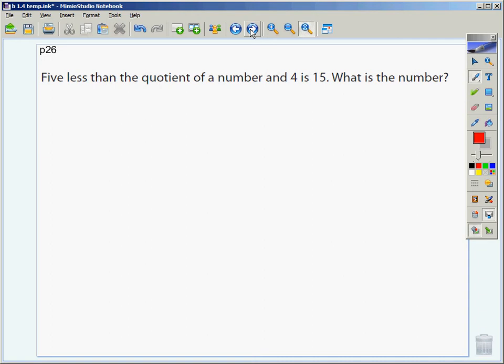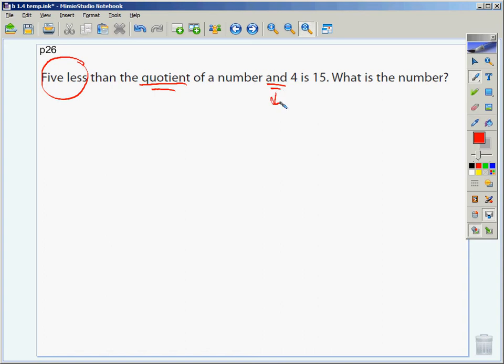One of the things that I really recommend you do is just go through and circle the words that mathematically mean something, that are important. 5 less. What does that mean? I'm subtracting 5 from something. Quotient means divide, and quotient always will be paired with the word and.